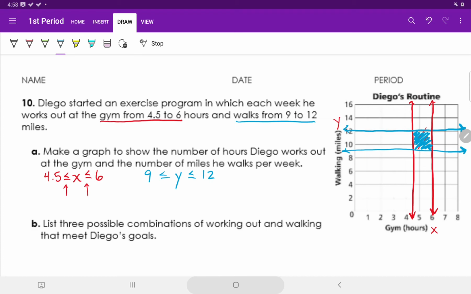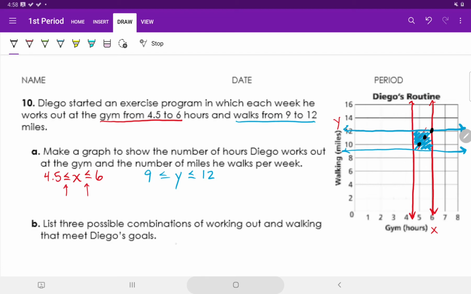Part B says, list 3 possible combinations of working out and walking that meet his goals. So we can pick any 3 points in this region. How about this point, and this point?